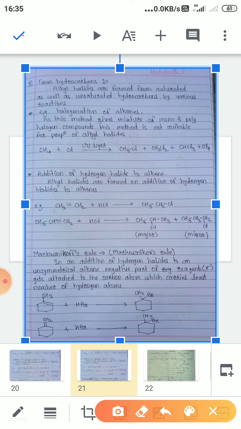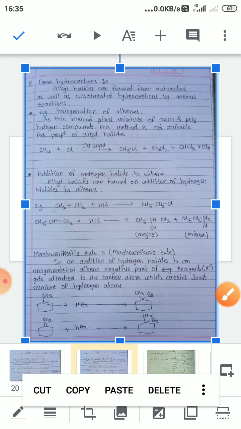Now next one is addition of hydrogen halides to alkenes. Alkyl halides are formed by addition of hydrogen halides to alkenes.